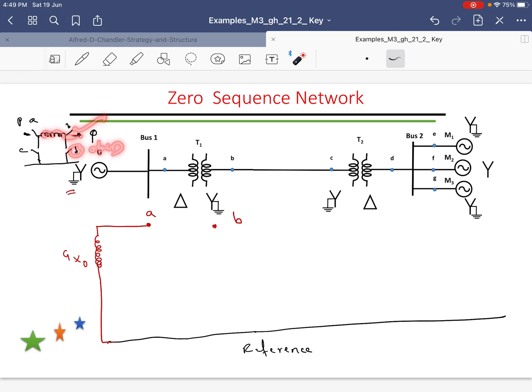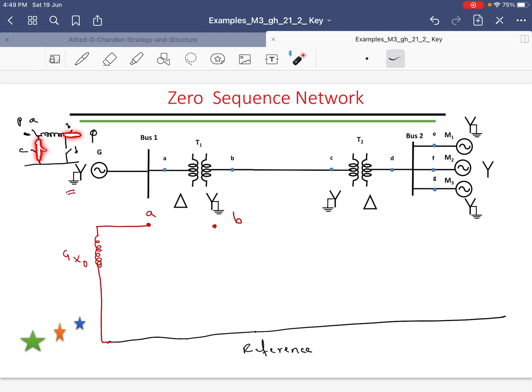Already you are making use of the switch A here, your switch B. Because the secondary is star connected grounded, you have to close this, and the primary is delta, therefore you have to close this. That is, this is closed, this is closed.